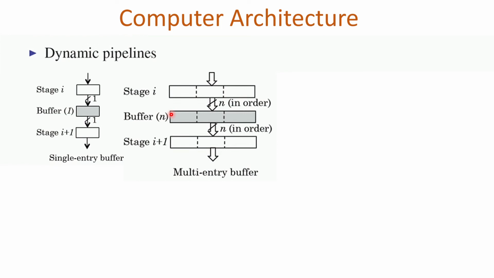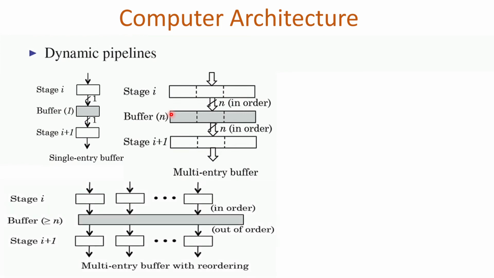That is the problem of the lockstep fashion. So what we can do over here is have more than one stage in parallel. Okay, so n number of stages, coming in some particular order.